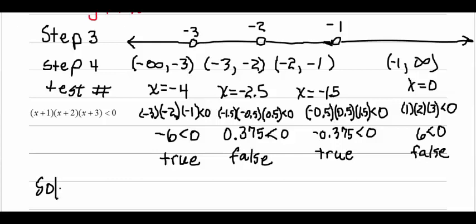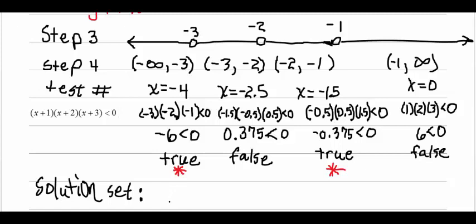So my solution set to this inequality consists of the union of the two intervals that make the inequality true: the first and the third intervals.